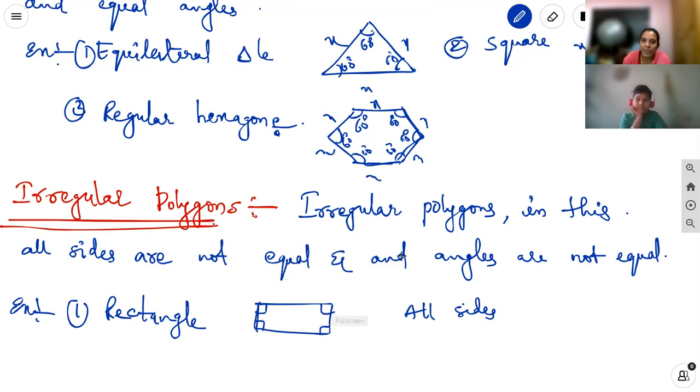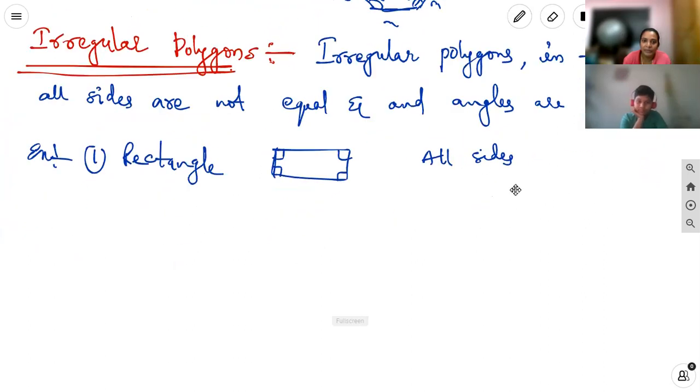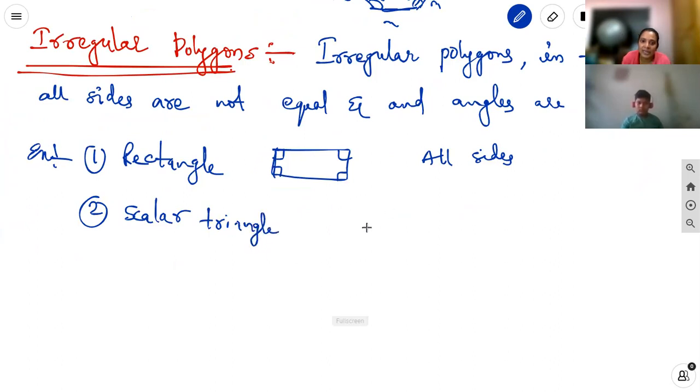Such types are trapezium, parallelogram, heptagon. Next, a scalene triangle. Scalene triangle means in this all sides are not equal, all angles are not equal.